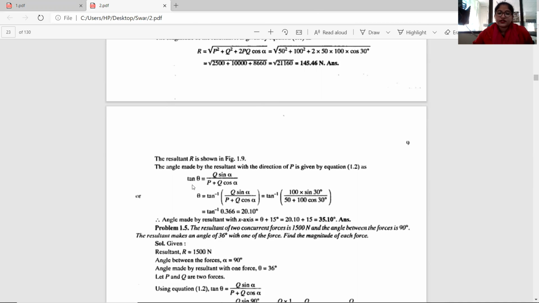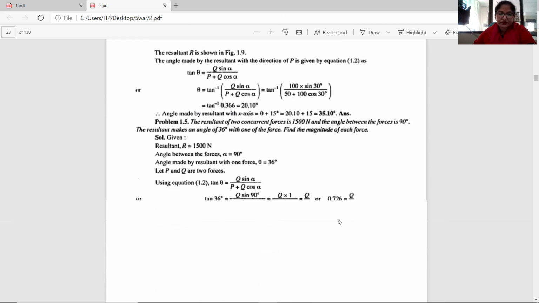The formula is tan theta equals Q sin alpha upon P plus Q cos alpha. Put these values of Q, P and alpha, then my theta will be 20.10 degree. Then the angle made by the resultant with the x-axis is theta plus 15, which is 20.10 plus 15, which is 35.10 degree, which is my answer.